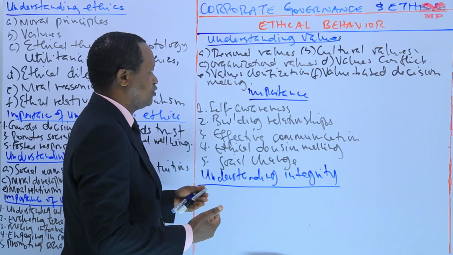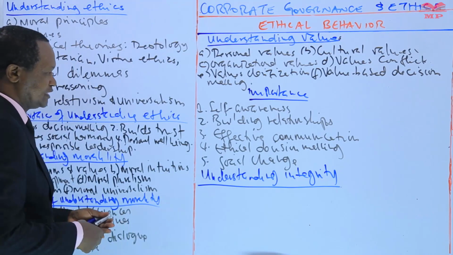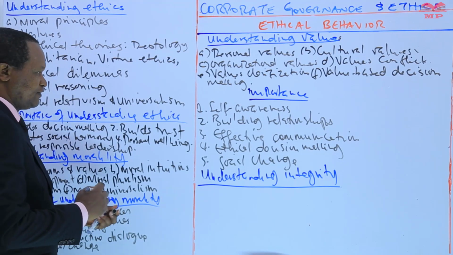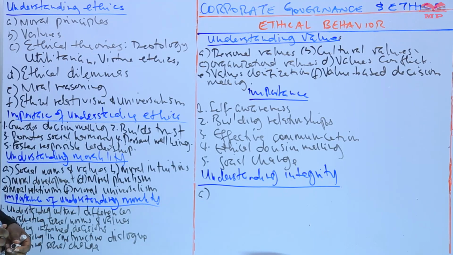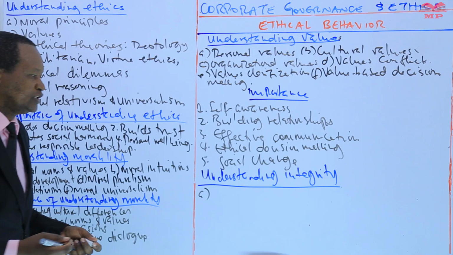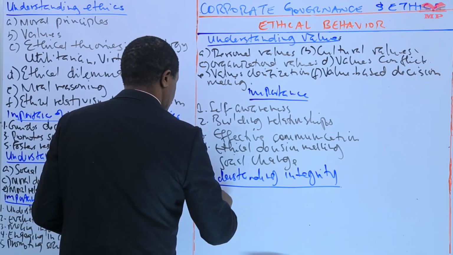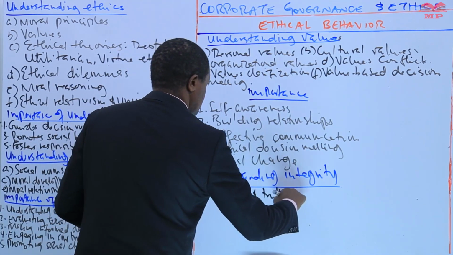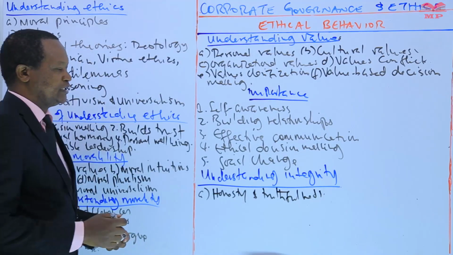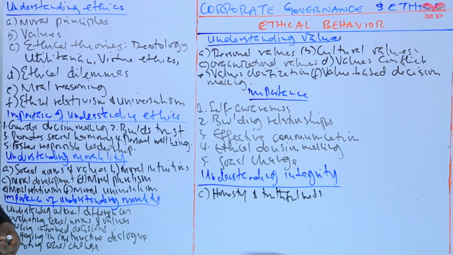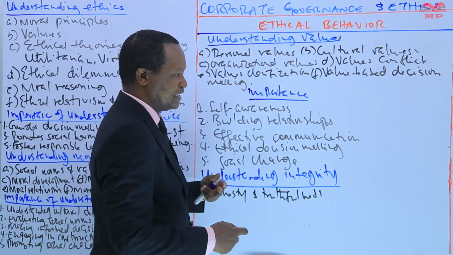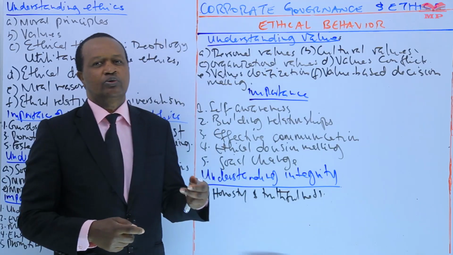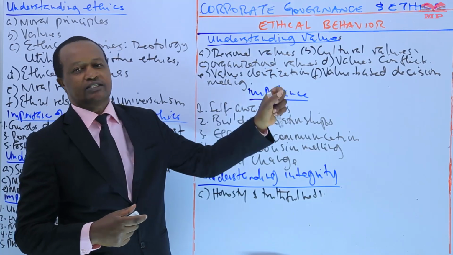So, what are the core aspects of understanding integrity? The first is honesty and truthfulness. Integrity involves being honest and truthful in all your dealings and interactions, both with oneself and others.